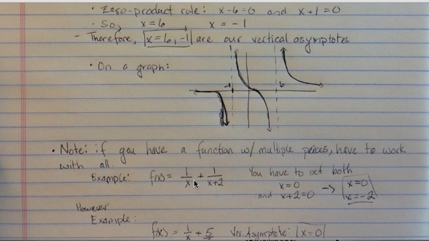So you have to set this denominator equal to 0 and this denominator equal to 0. So we end up with x equals 0 and x plus 2 equals 0, which gives you x equals 0 and x equals negative 2, which would both be the vertical asymptotes for this particular function, because you took all the denominators that you had and set them equal to 0.